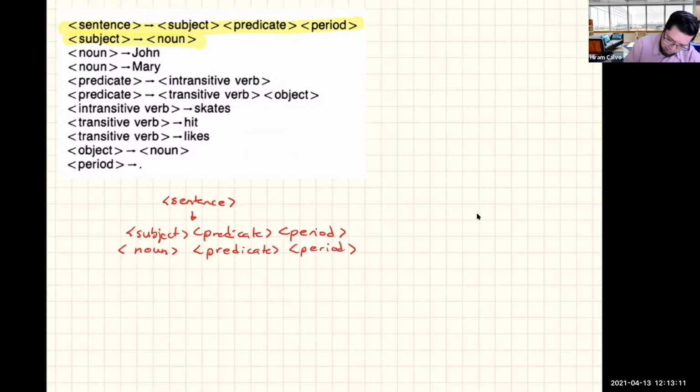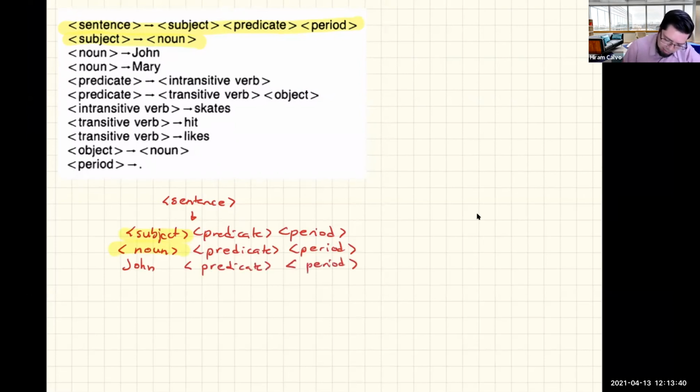So you can see we are only modifying this part, subject. Then we have two options. If we want to rewrite noun, noun can be John or noun can be Mary. Let's choose one randomly. So let's say John, and then continue the remaining parts, predicate, and then period.